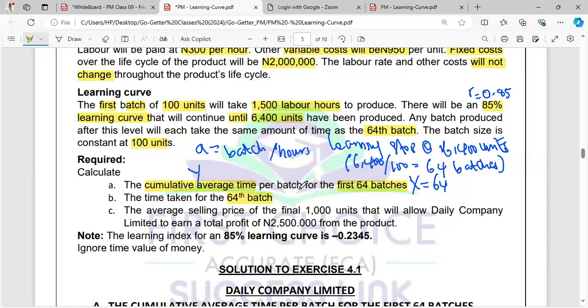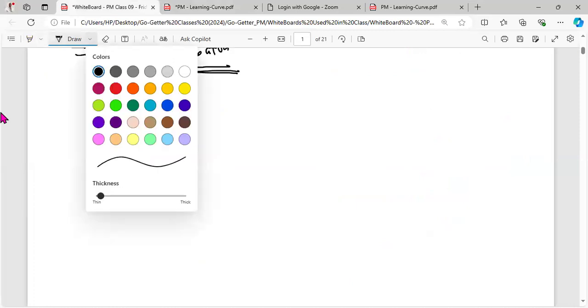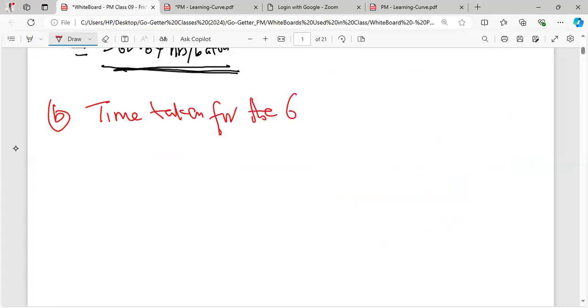Go to the second part of the question, which is B. Time taken for the 64th batch. So this is small t.